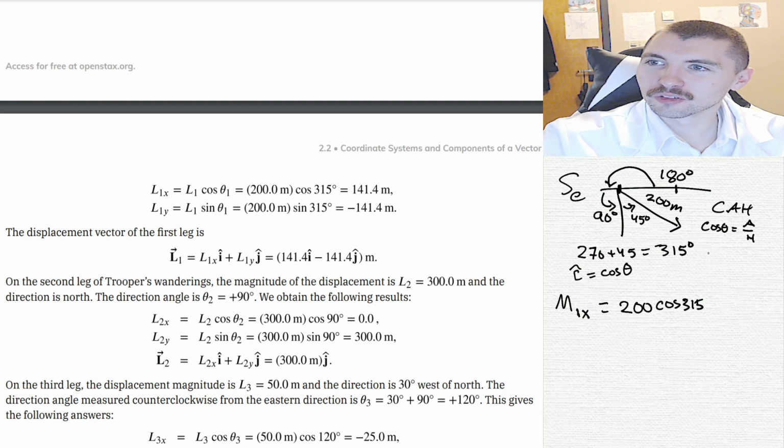So the formula they're using is the hypotenuse times the cosine equals the adjacent. This is why I've been taking so long on this, because I had to see this. This might be quick for some people, but this is what I had to take a moment on. So Mx is your adjacent.